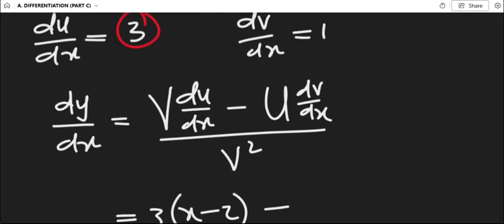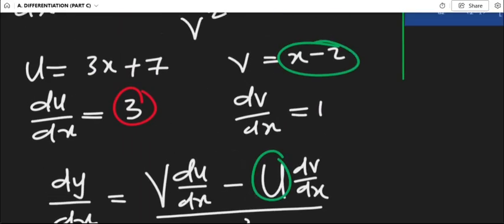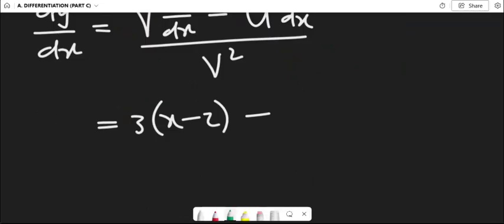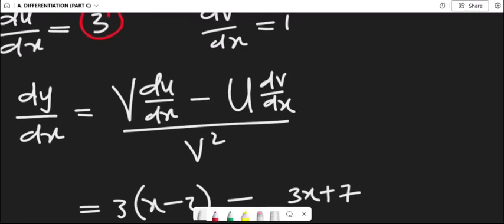The next thing is the value of u. The value of u is given to be 3x plus 7. So that is going to be 3x plus 7. Then the value of dv dx. dv dx is known to be 1.